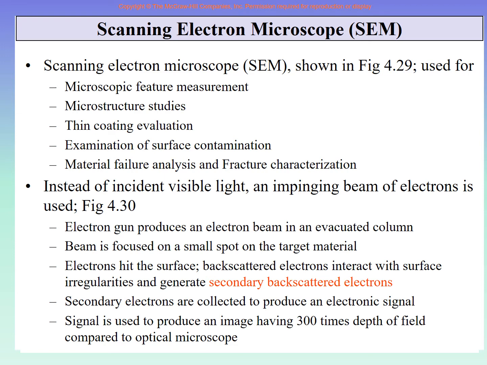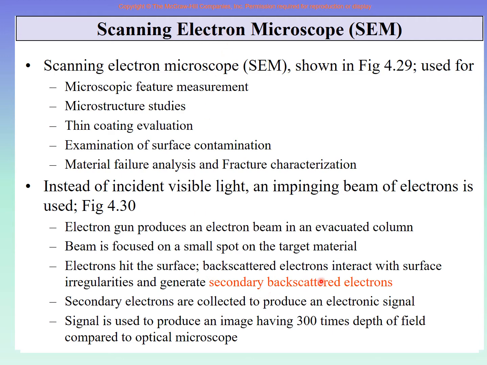But if we want to go to 2000, 3000, 4000 magnification, we want to see much, much finer details inside each grain. Then there is something called a scanning electron microscope. I am not going to talk too much about it, but the name is that. You see, it does not use light, it uses electrons, right?